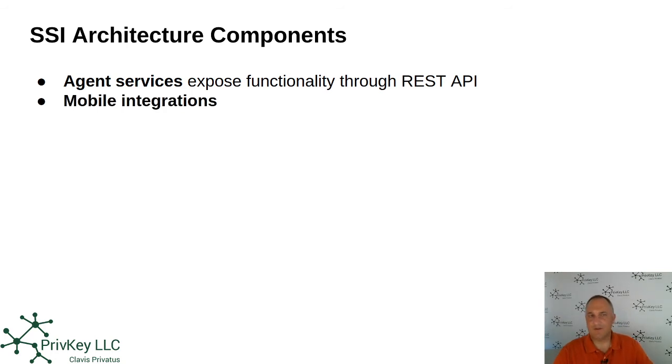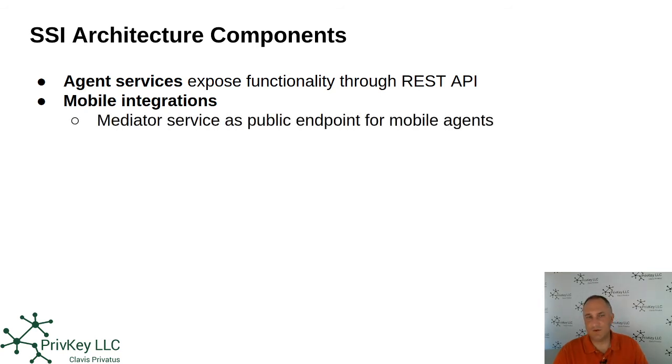Each agent service, one of them could be mobile integrations, and that usually means that it's a service as a public endpoint for mobile agents. So that's one of the aspects of the mobile integrations that the architecture has.